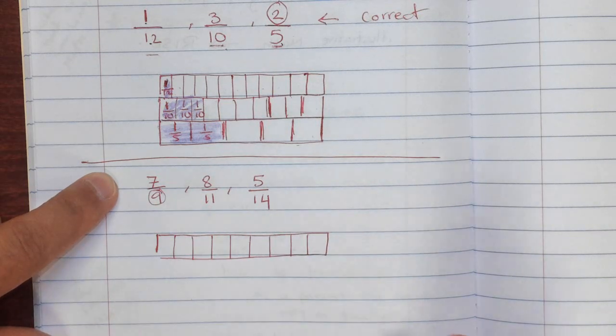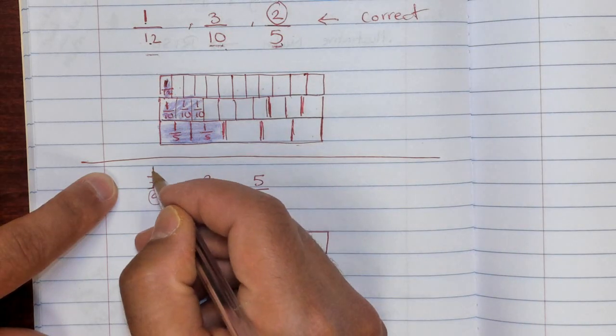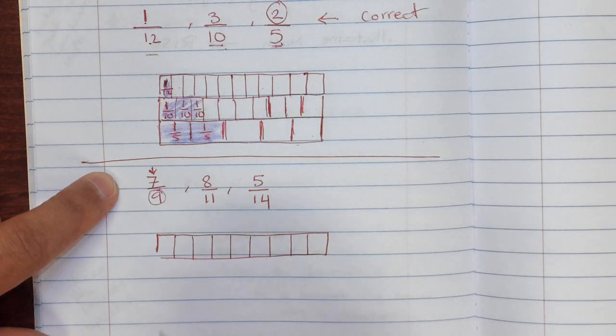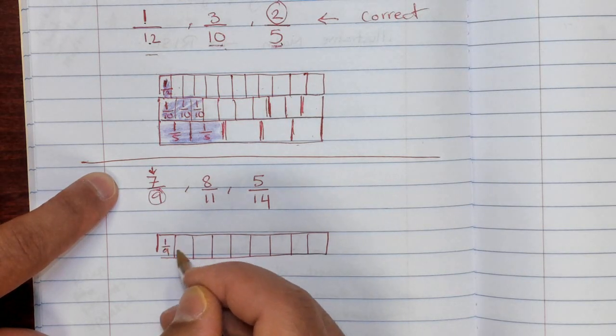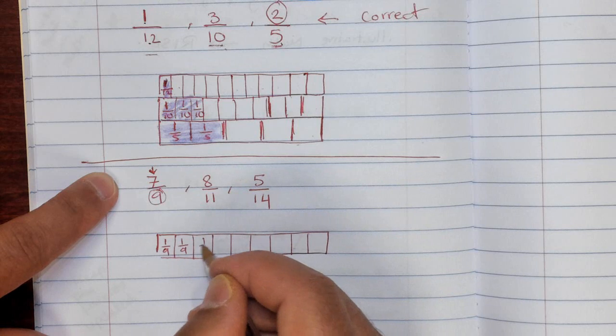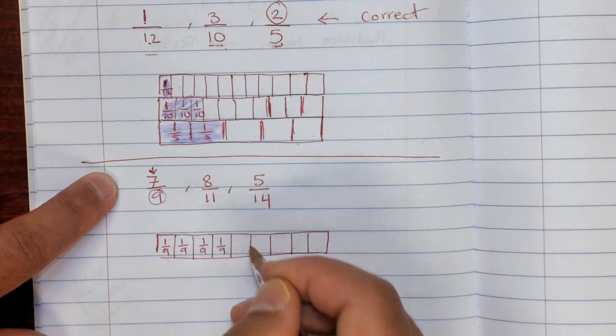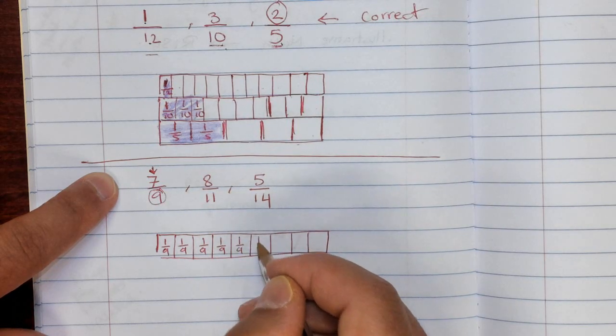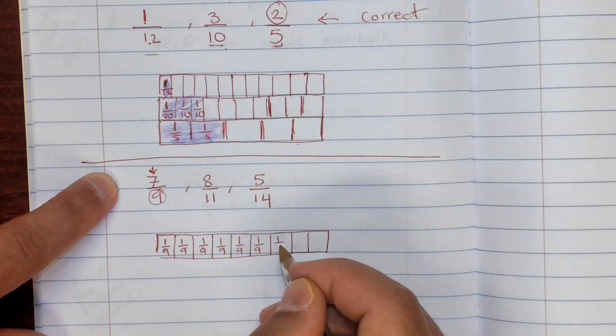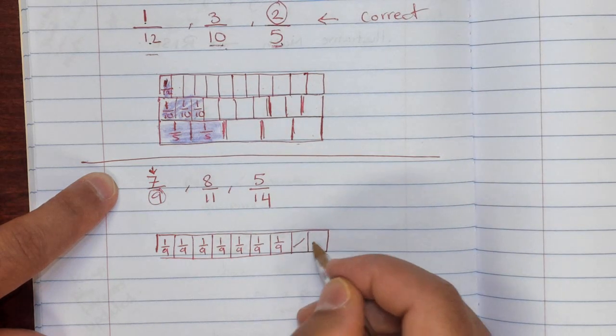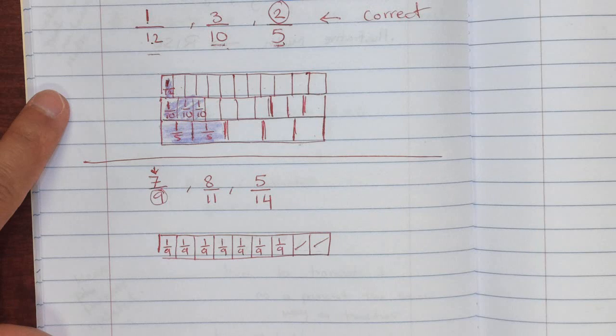It was a whole that had all the pieces. It was full, but now it has 7 only. 1/9, 2/9, 3/9, 4/9, 5/9, 6/9, 7/9. It's missing 2/9. Okay.